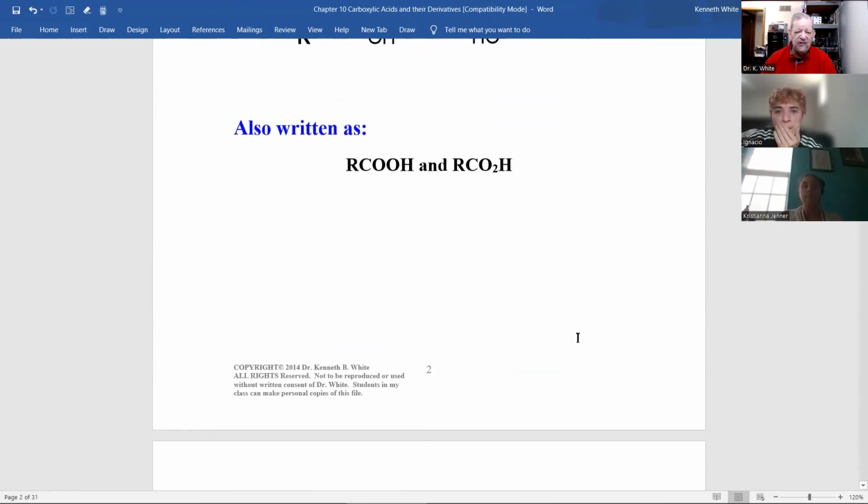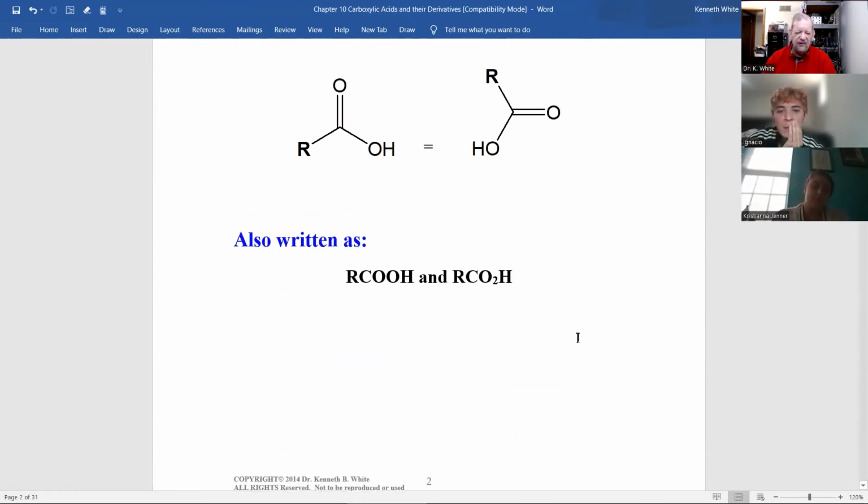Now, there are other ways of writing it. I rarely write it this way, and I don't like it, but I will later on in the semester when we go over things that make carboxylic acids. So you can either write it like this or like this.